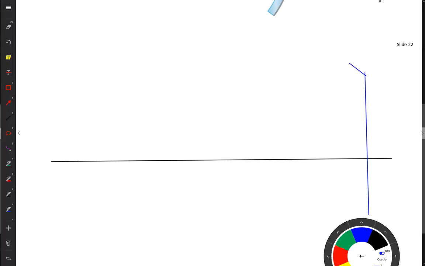I usually put little ticks at the top and bottom to tell me that's a concave mirror. That way I have where my mirror is, and I put my focal point. Here's my focal point. Now I'm going to put an object out here. Here's my object. And let's draw some rays.